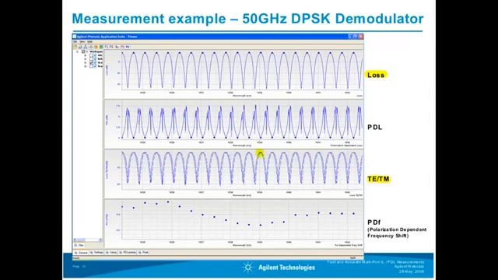So we see that we have here a shift between the principal states, and therefore, again, the same behavior here. We have a crossing point between the two curves, and at that point we have minimum PDL. Same at every channel here. Now, when designing DPSK demodulators, or when verifying the specification of such devices, this TE/TM shift is a very important parameter.